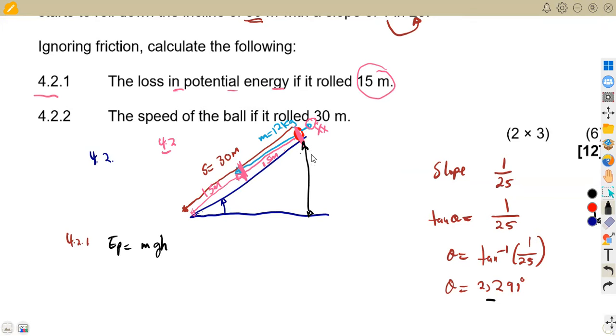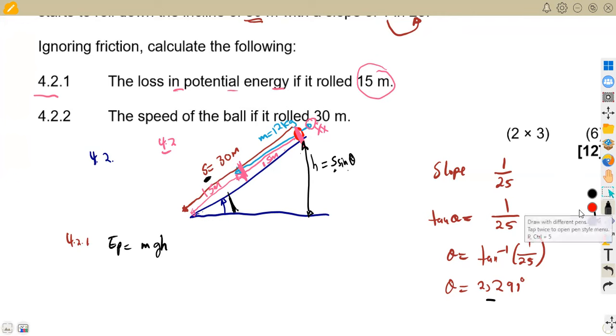We are supposed to take this height at a certain point, not at 30 meters, but at 15 meters. This h being affected by the angle theta, we are going to find that this h can be given as s sine theta, where s is the displacement. Or if you are saying this is h, then you can write h sine theta, but this is simply s sine theta in this case.